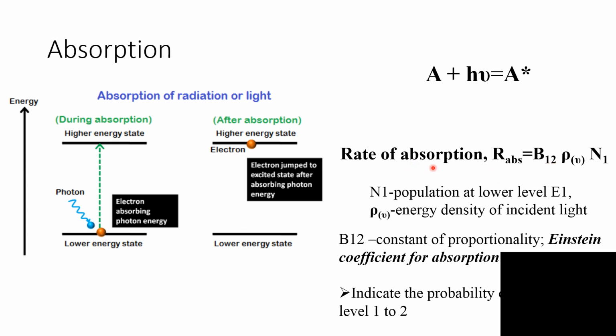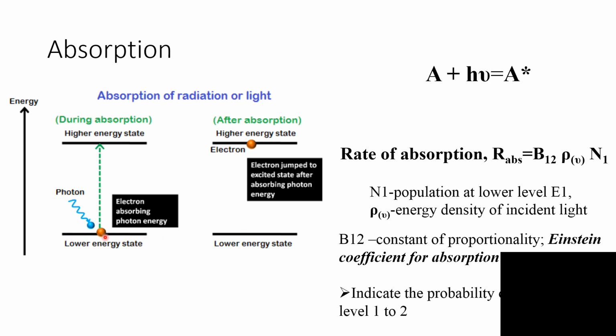Okay, so the rate of absorption depends on the energy of the photon and the population of energy level E1. What does it mean? It means that the absorption rate will increase if the population in this level is high.